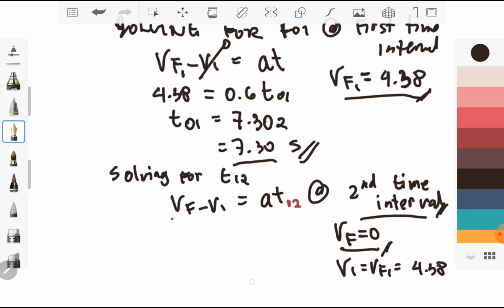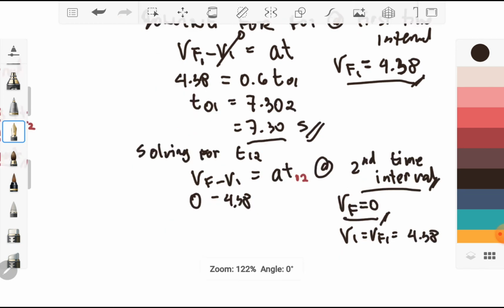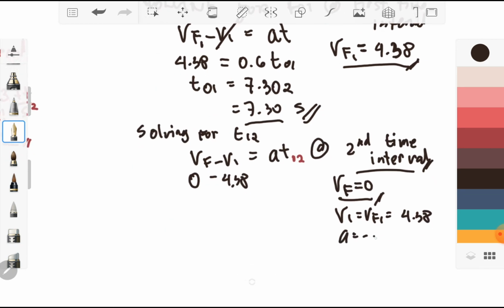So our Vf is equal to 0 kasi at rest, less 4.38. Take note that its acceleration is equal to negative 0.3, tama. So we have negative 0.3 multiplied by T12. Therefore our T12 will basically equal 4.38 divided by 0.3. So we have 14.6 seconds.